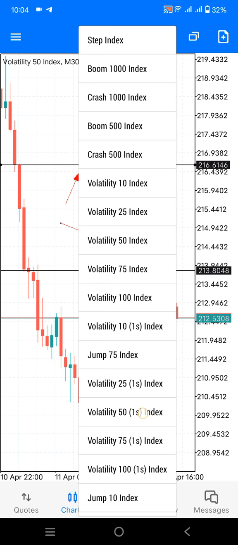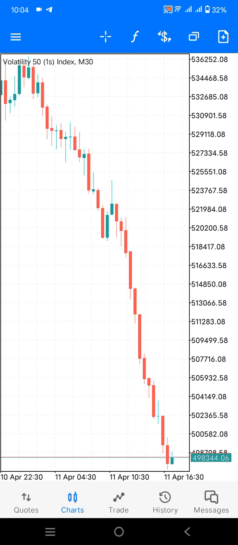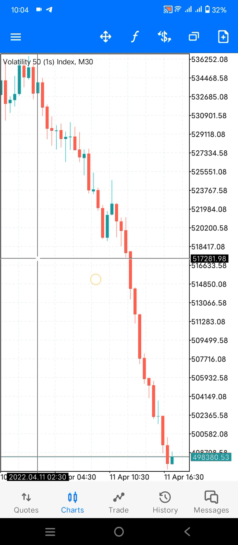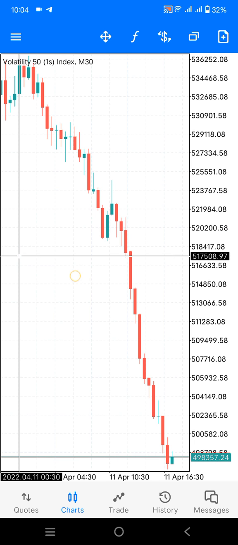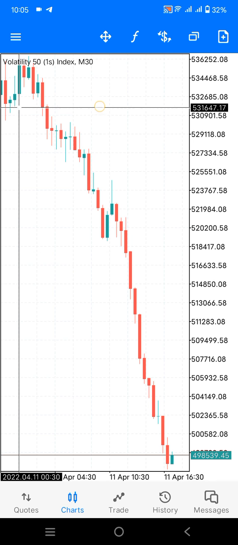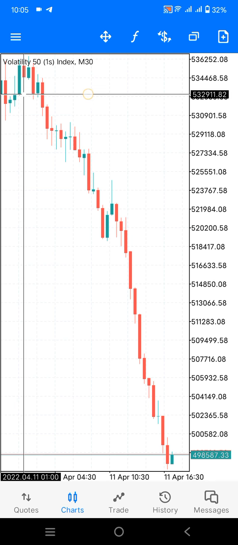I will check the VIX 50 1S index. Again, pick the cross here, check the start of the day, and here is the start of the day candle, and the next two candles are the IB range.